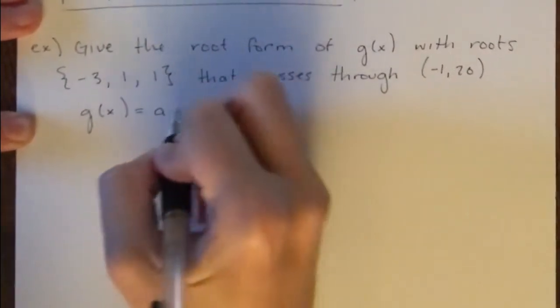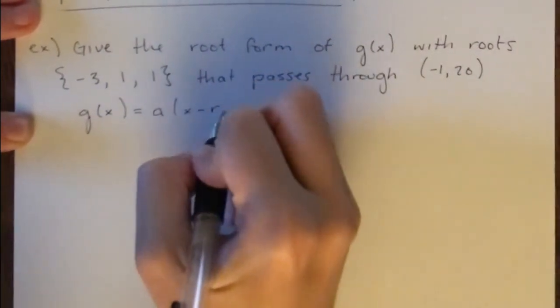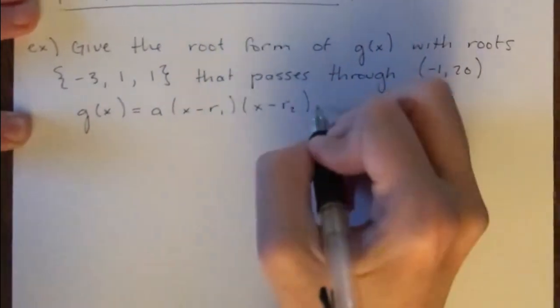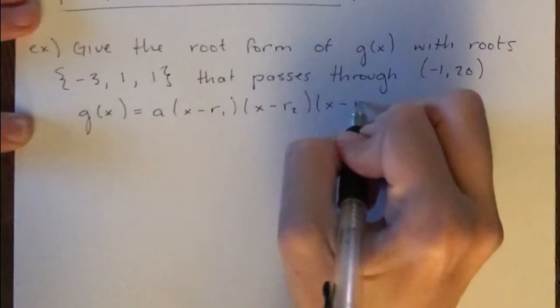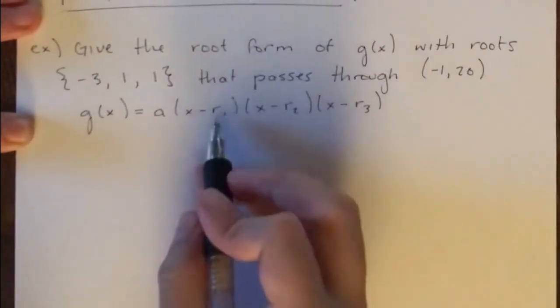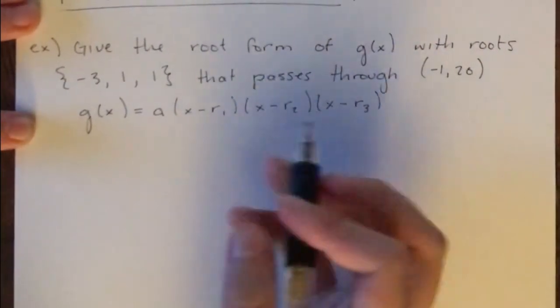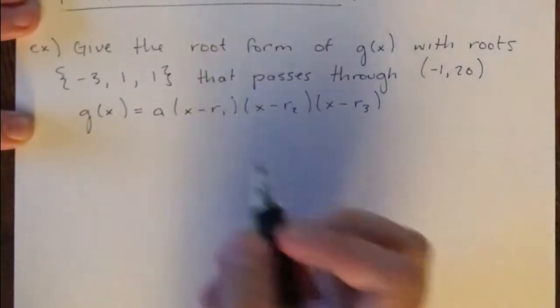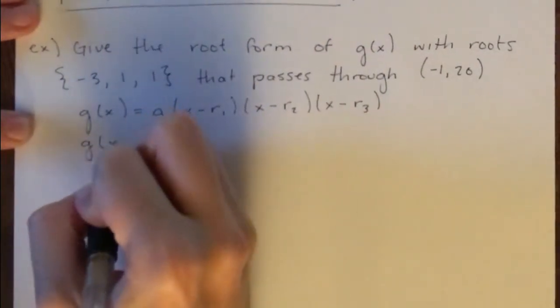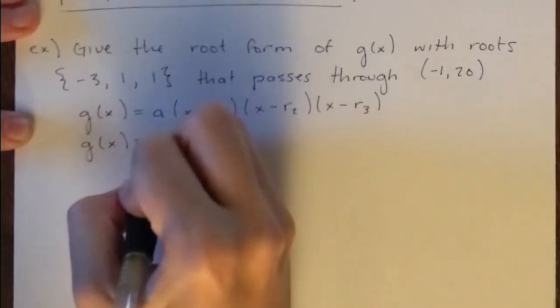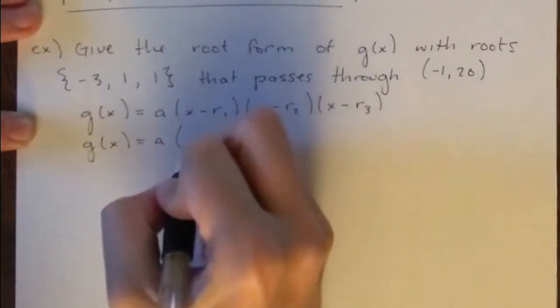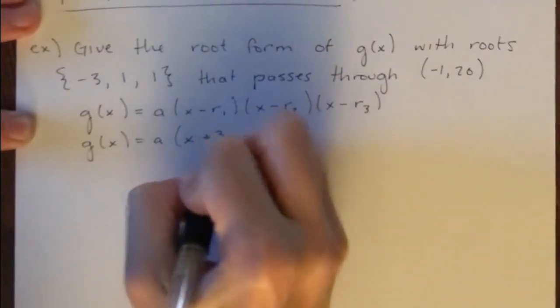Our regular root form is a, and then there's one factor for each root. How many roots do we have? We have 3, so we're going to have 3 factors. R1, R2, R3. What are they? Well, we have x minus R1 is minus 3, so we can go ahead and write that as plus 3, right?